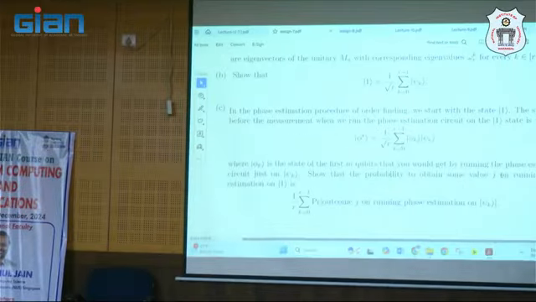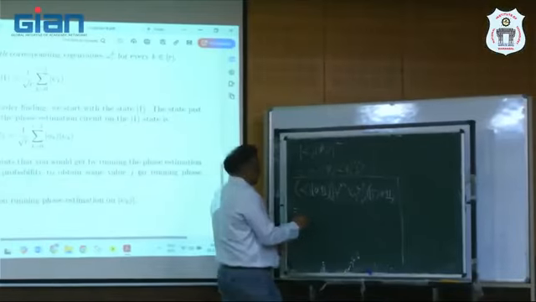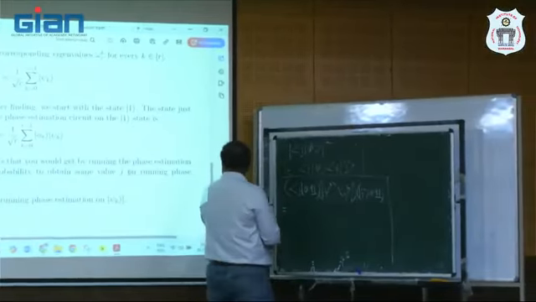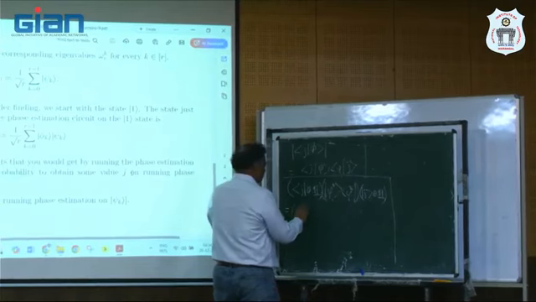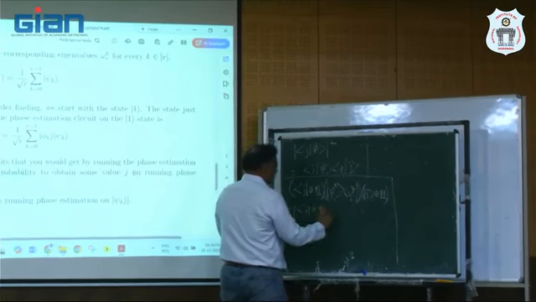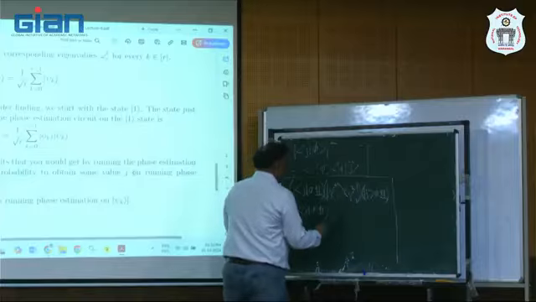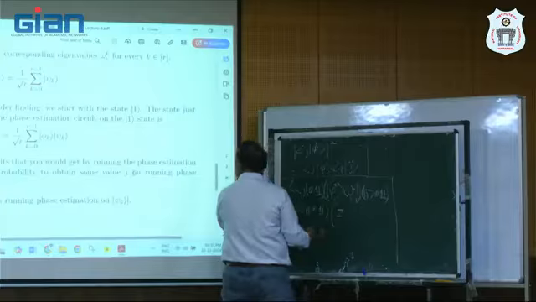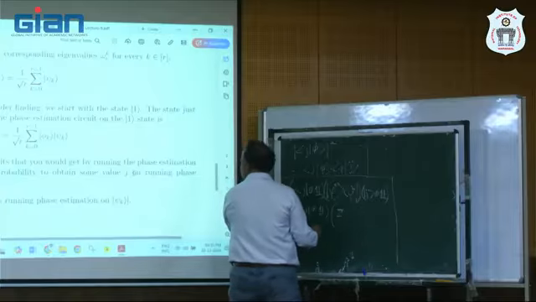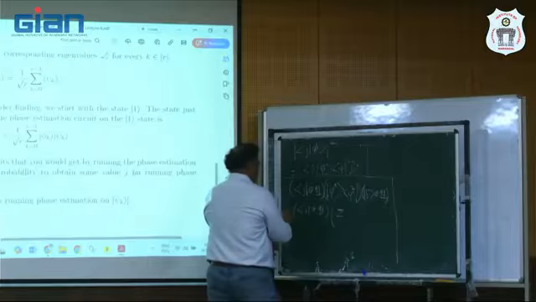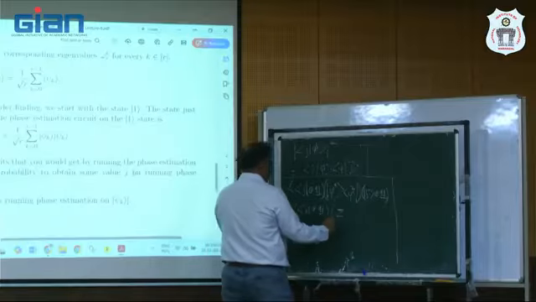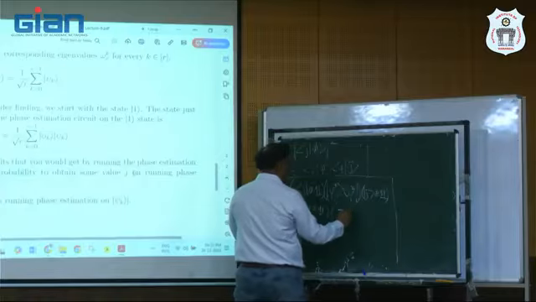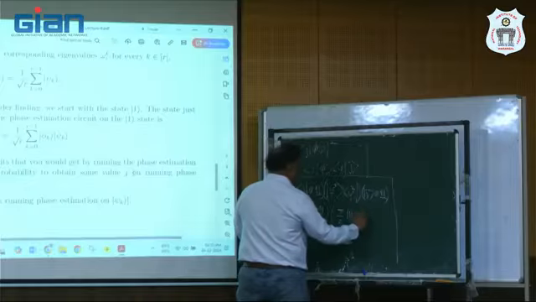What is it? This is summation. Okay, let me take that 1 over r out. Summation k phi k psi k, correct?